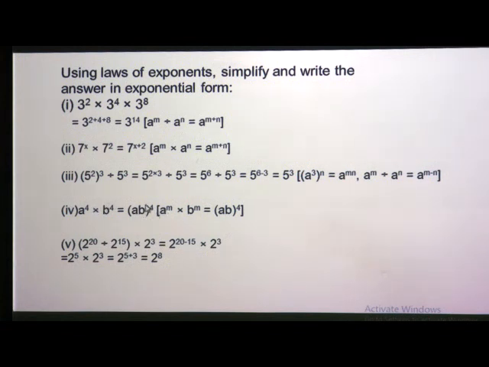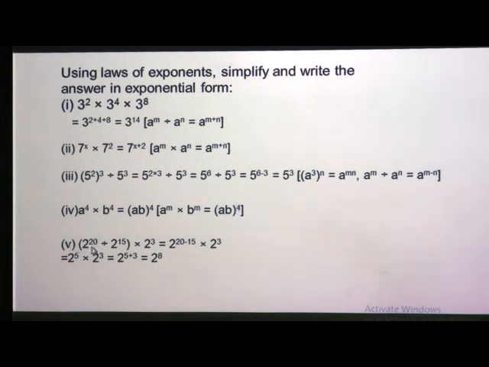So, ab raised to the power of 4. Here we can write a raised to power of m into b raised to the power of m, where both m are the same. So, we write ab raised to the m.